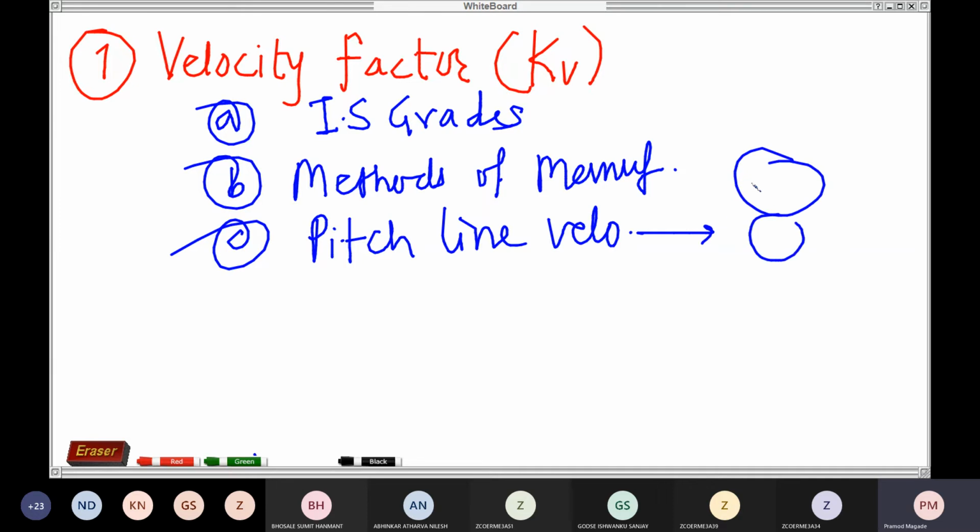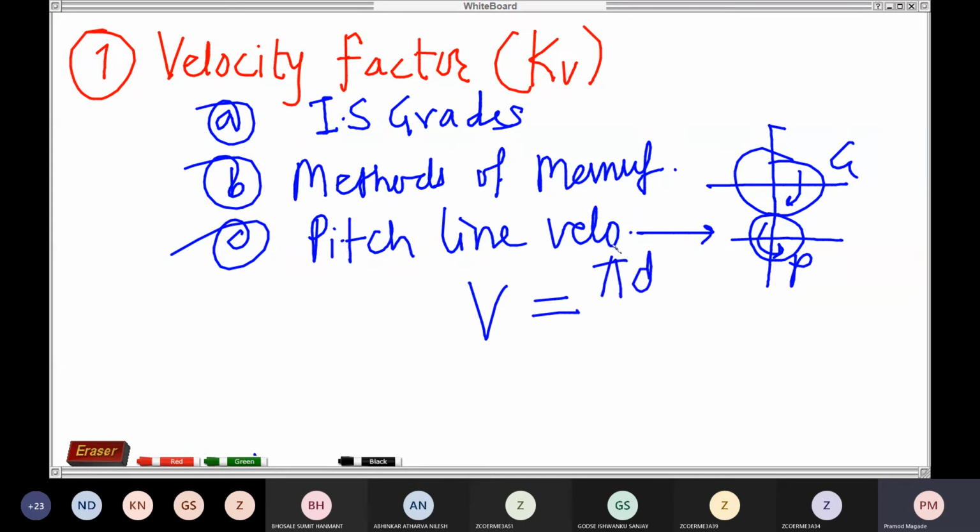The pitch line velocity म्हणजे at the time of meshing of teeth and pinion. So this will be the pinion, this will be the gear. So velocity is always maintained, and if it is not maintained, it means meshing will not be done properly, and that velocity is nothing but we know that is pi dn by 60 meter per second.